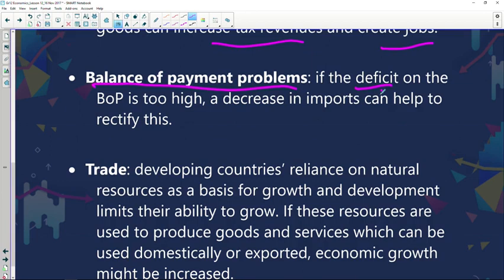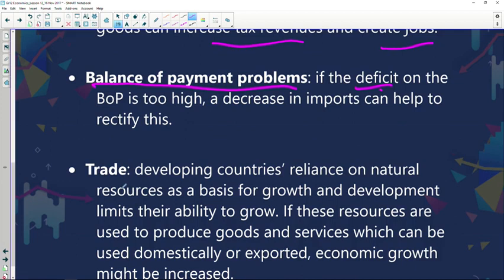So when the shortage is too high on the balance of payments, if we decrease our imports, this could be used as a corrective measure to rectify this particular situation. So it's also used to rectify the deficit on the balance of payments.